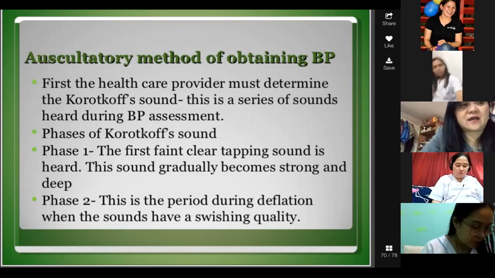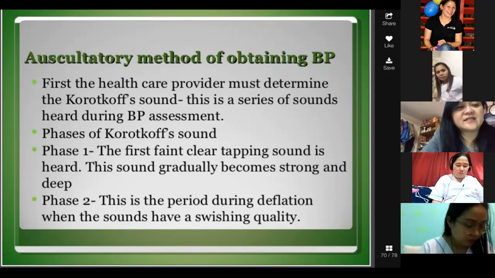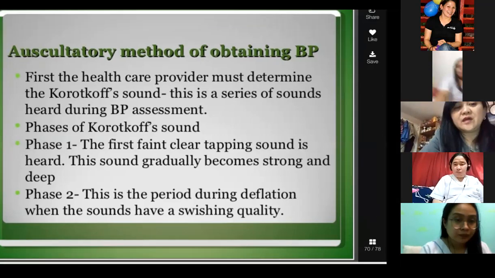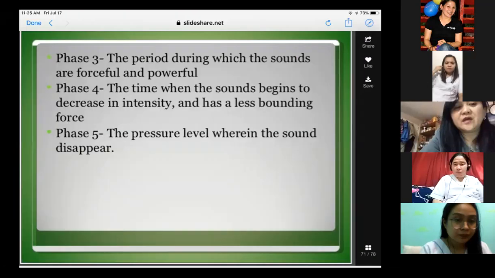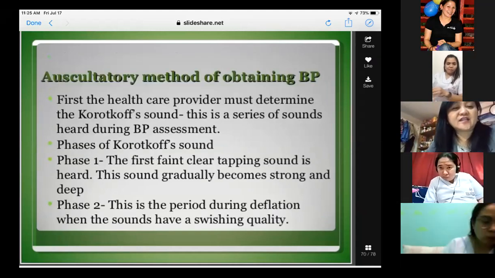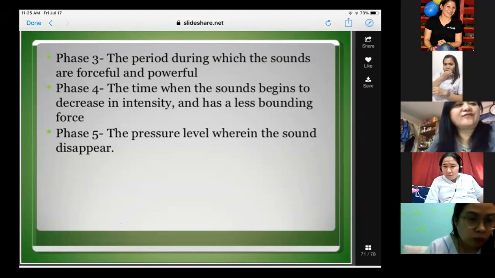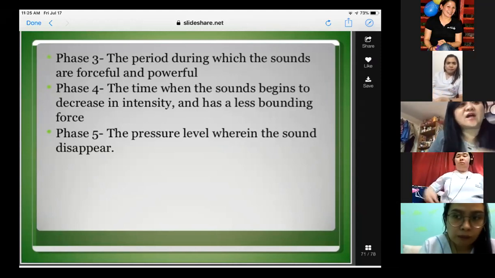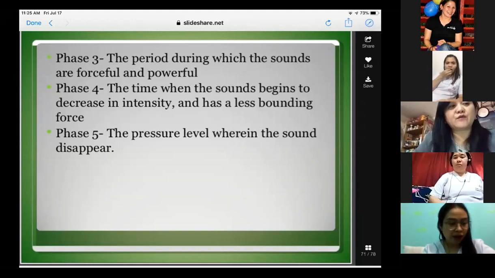Ayun yung first phase. The second phase is the period of deflation where the sound is increasing in quality. Yung nagdi-diminish na siya. And phase 3 is the period in which the sound is forceful and powerful.